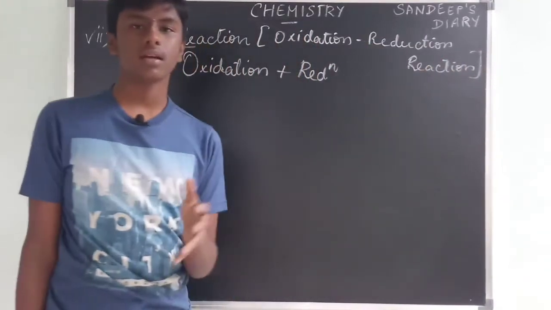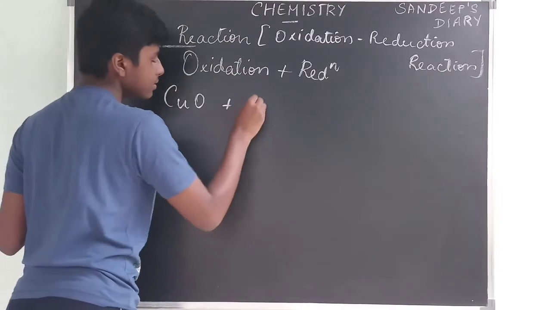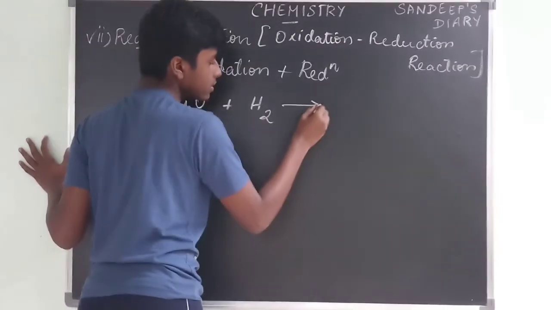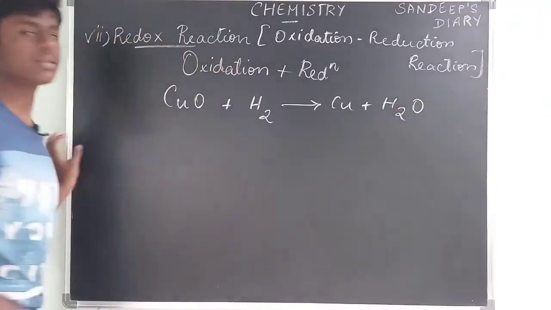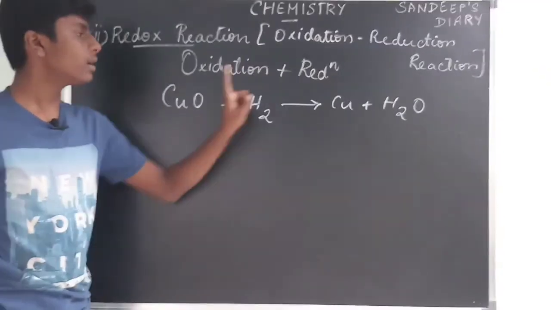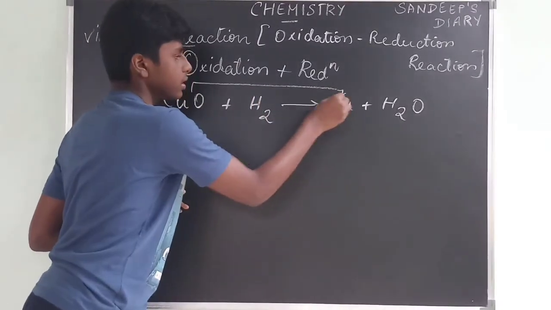Let us understand with an example. Copper oxide plus hydrogen produces copper plus water. Here you can see copper oxide is being reduced by removal of oxygen.